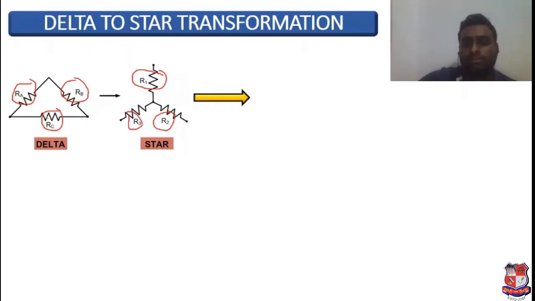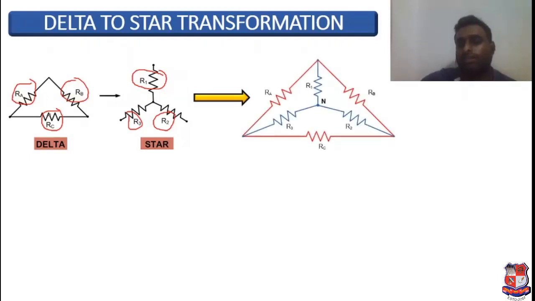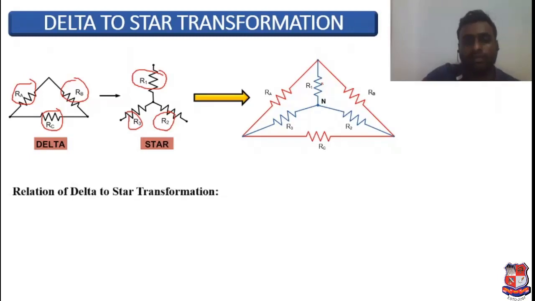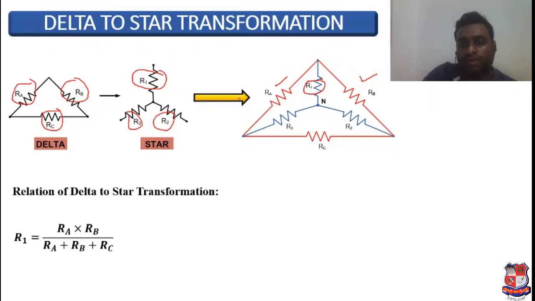Okay, so it should be looking like this. So this RA, RB, RC equivalent should look like this. Internal R1, R2 and R3 is what is to be found. Okay. So the relation of this delta to star transformation will be: R1 will be RA into RB divided by total resistance of the delta connected circuit.